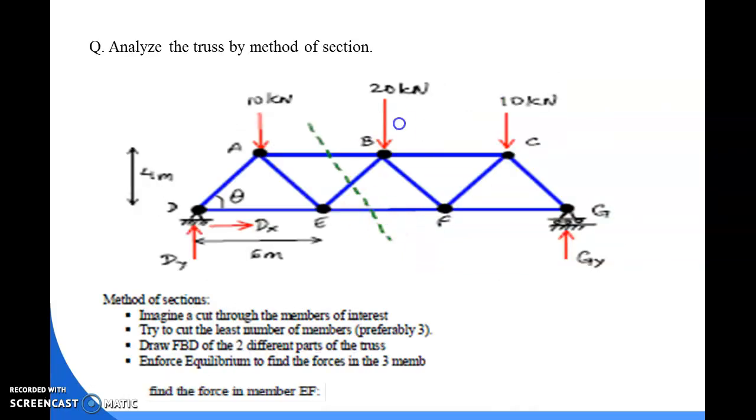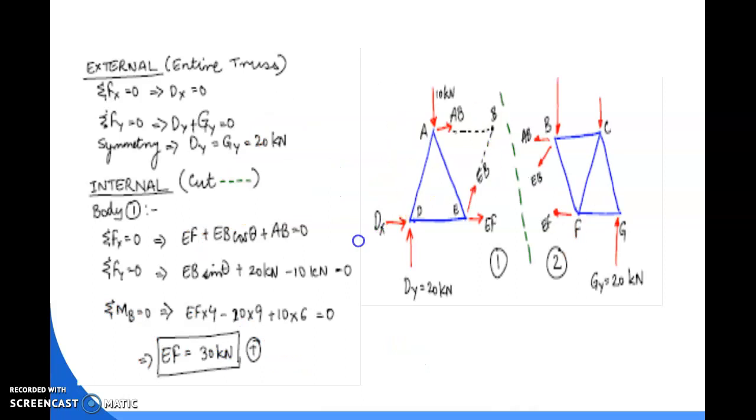You can see in this figure, up to this much the distance is 9, because this much is 6 and here to here is 3. So the total distance it covers is 9. Hence, the moment for the 20 kN, that is Dy, should be 20 into 9, and the sign should be negative due to the hogging moment.